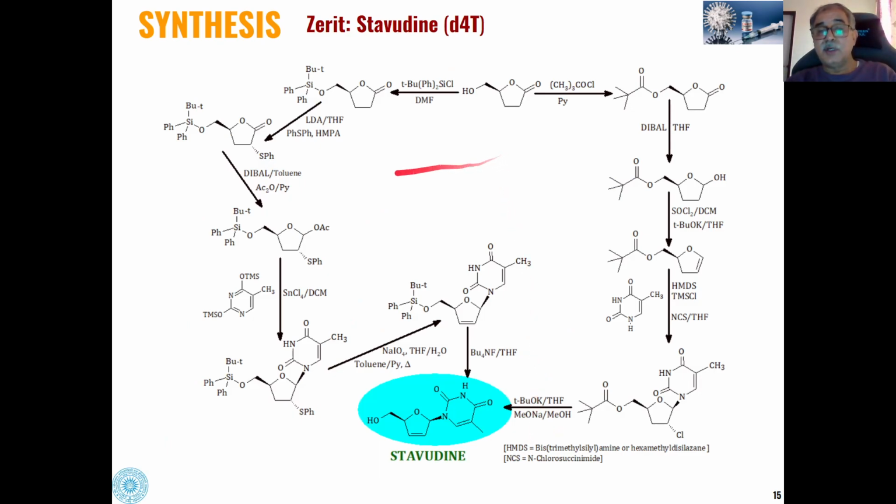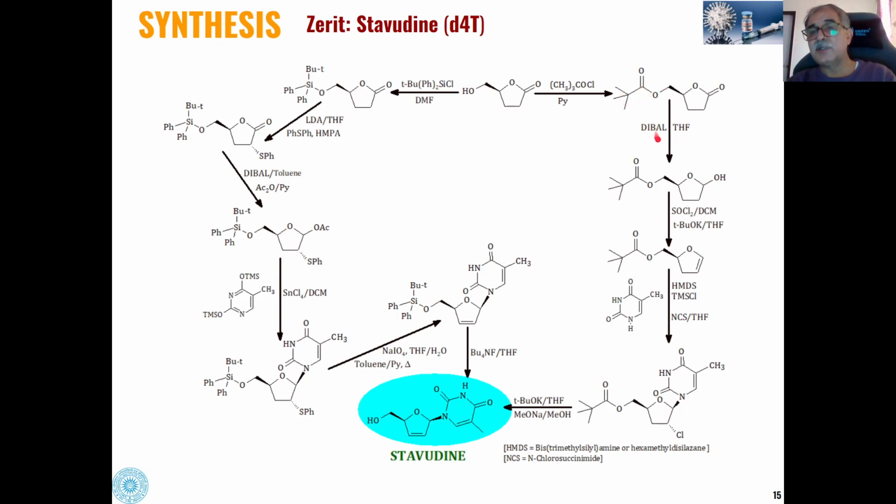So there are two methods for the synthesis of stavudine. One is we can use this gamma butyrolactone alcohol, which was also used in some other anti-HIV agent previously. When this is reacted with tertiary butyl acid chloride, basically an ester of this hydroxyl group will be formed.